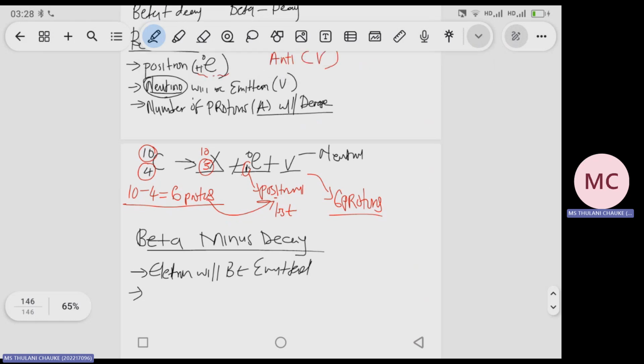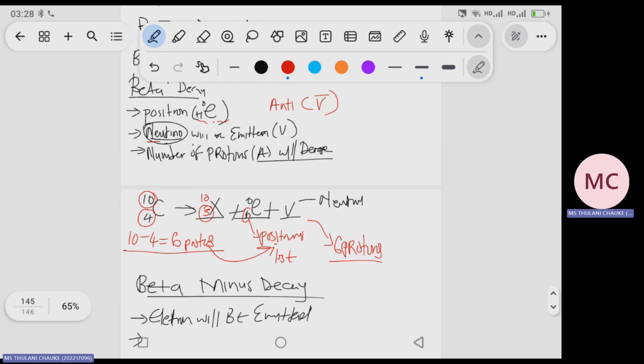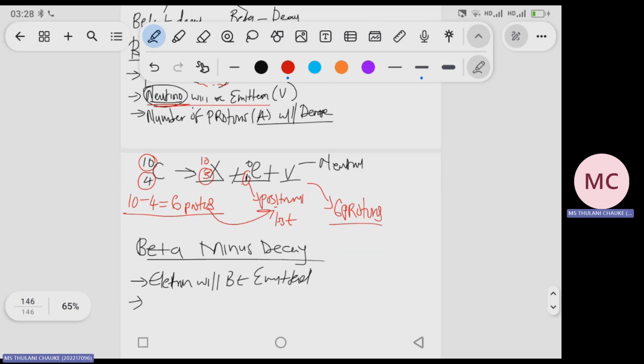Positron. So this one, instead of saying a neutrino will be emitted, we're gonna say what? An anti-neutrino will be emitted, which will just be V bar.